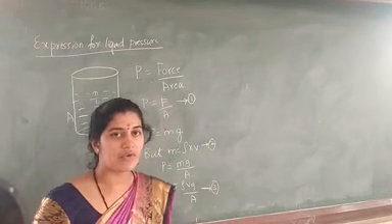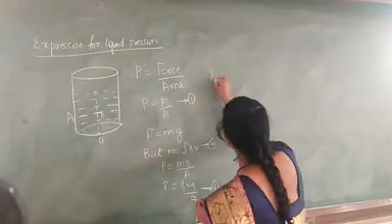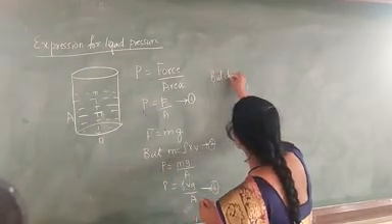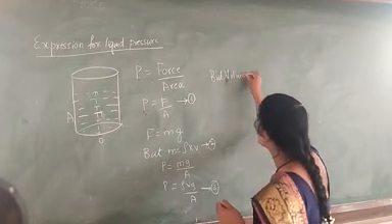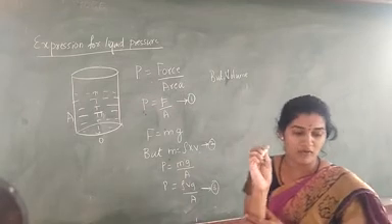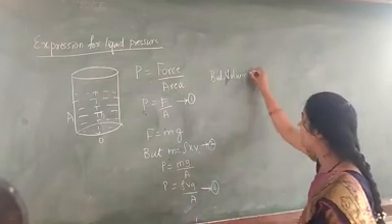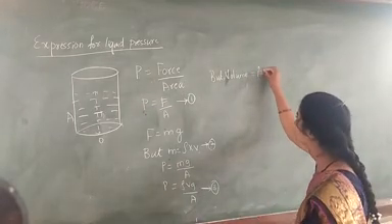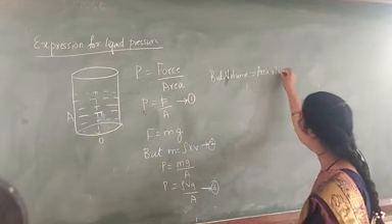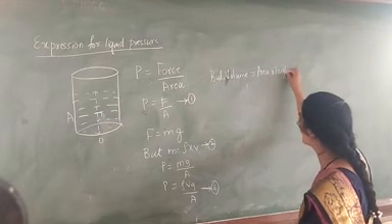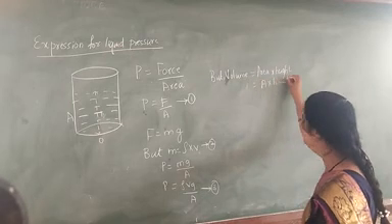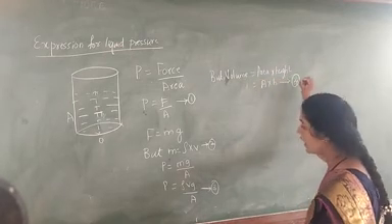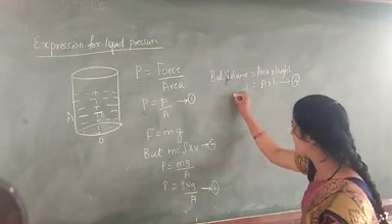Now we know that volume is equal to area into height. This can be written as A into H. Now consider this as equation 4. Put equation 4 in equation 3.